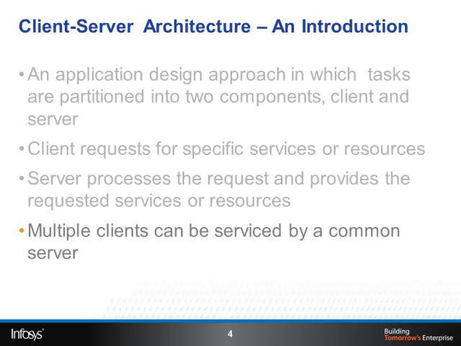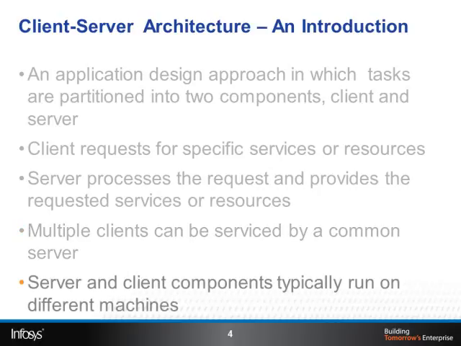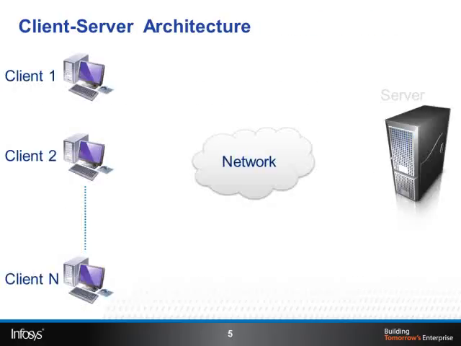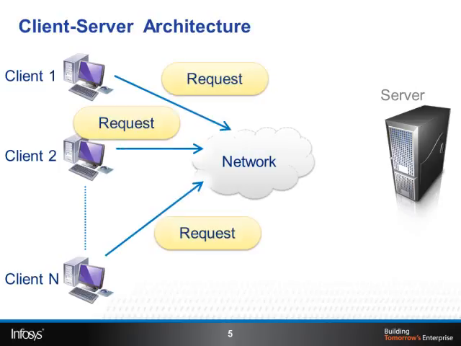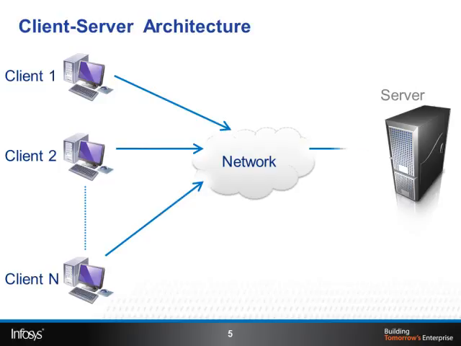In a real scenario, there will be one instance of the server component running and multiple instances of the client component that use this single instance of the server component. Server and client components typically run on different machines. The diagram here shows how the interaction between client and a server happens using a network. The server has to process requests from each client independently and send the response.